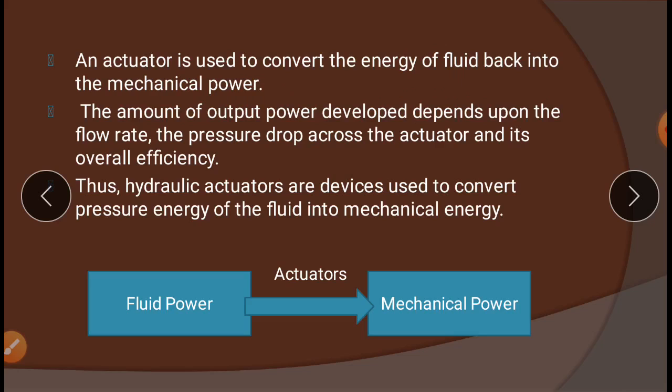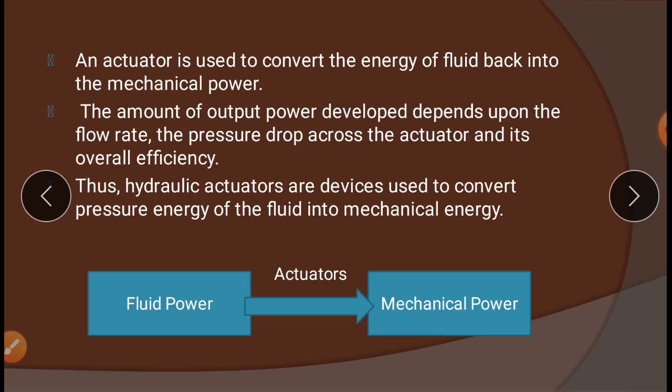So primarily what happens in the fluid power systems, the fluid which is in a static condition, the liquid is going to be transmitted and it attains the dynamic condition by the action of pumping. So because of pumping, the liquid is converted to a dynamic state.